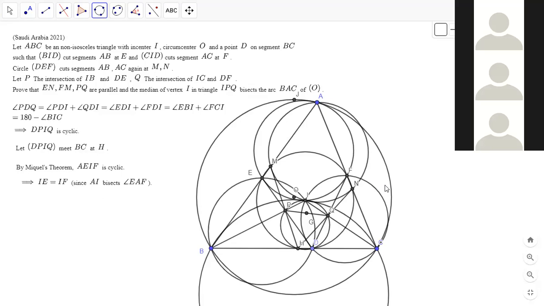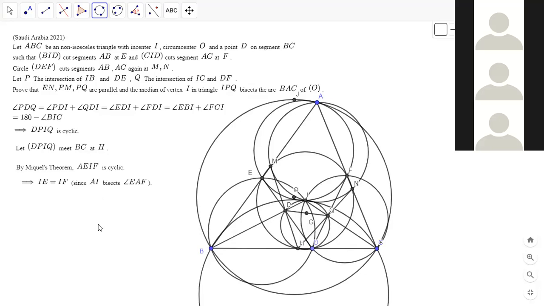But so showing AMIN is cyclic. Yeah, I'm not sure what we need. For proving EN is parallel to MF, it is enough just to show that I is the center of that circle, right?